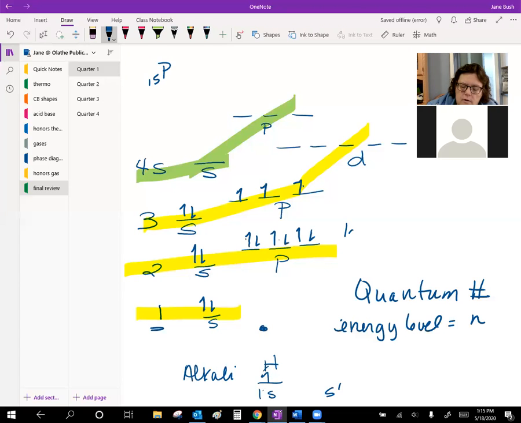And we would write that 1s2, 2s2, 2p6, 3s2, 3p3. Notice that I didn't double up here. I spread them out because that's more stable.